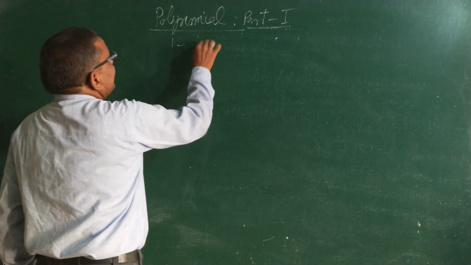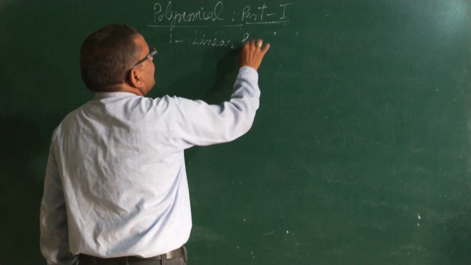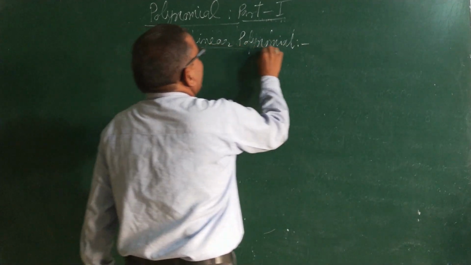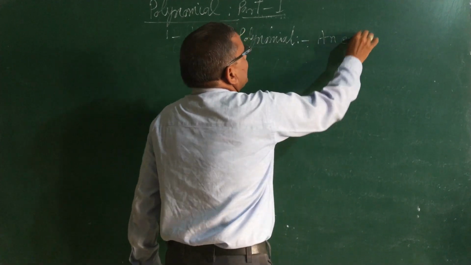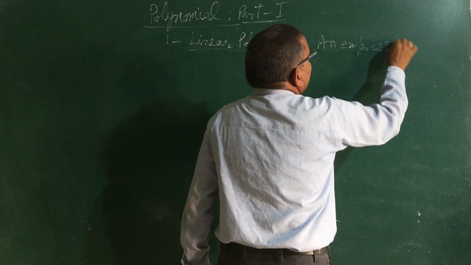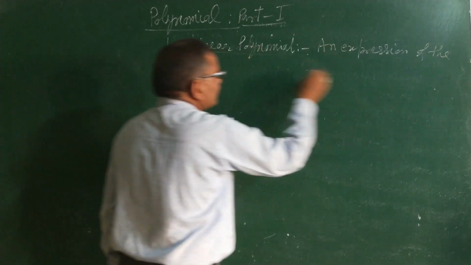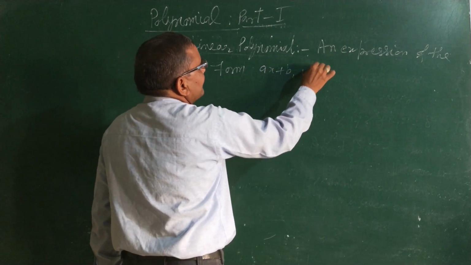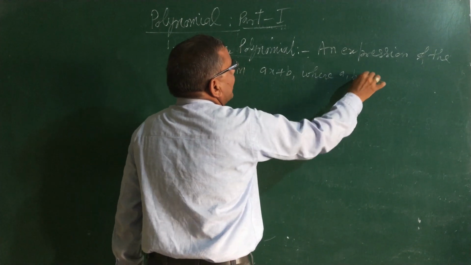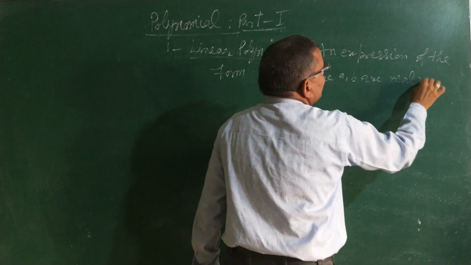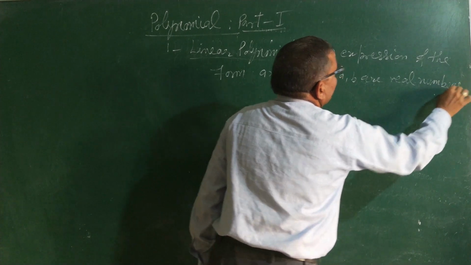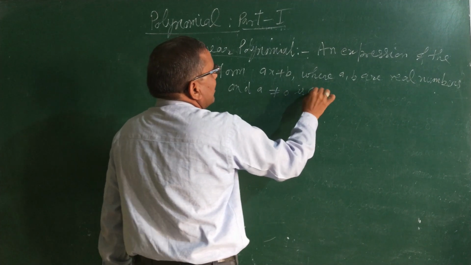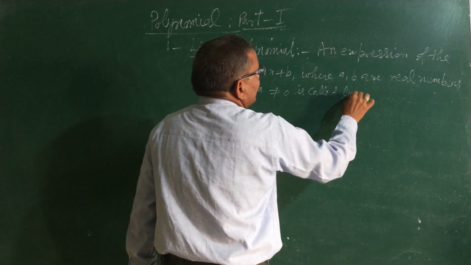First is linear polynomial. Linear polynomial means an expression of the form ax plus b, where a, b are real numbers and a not equal to 0, is called linear polynomial.